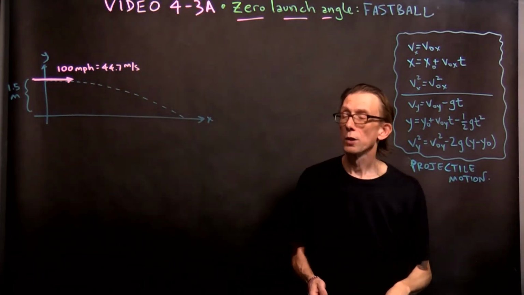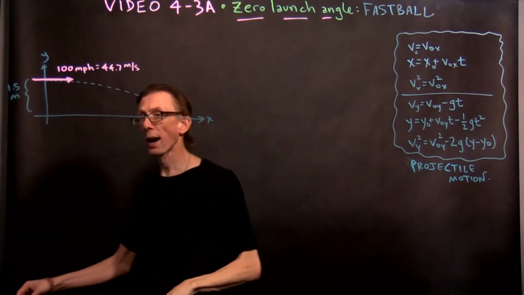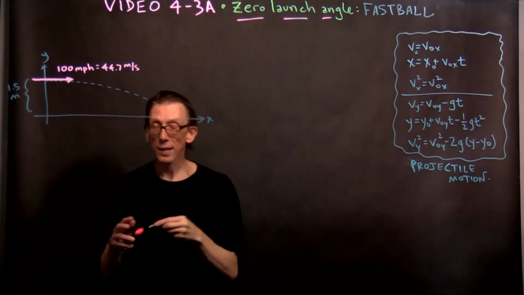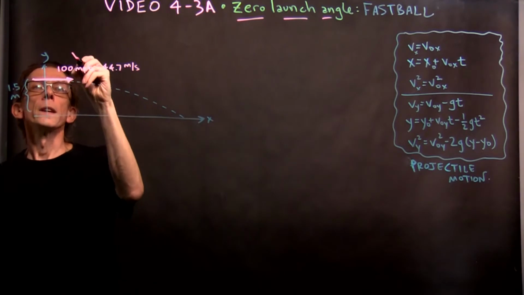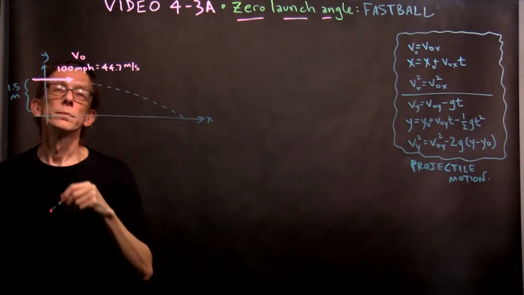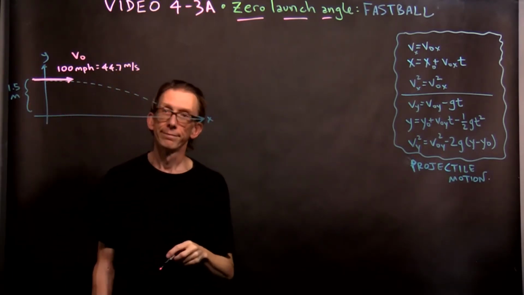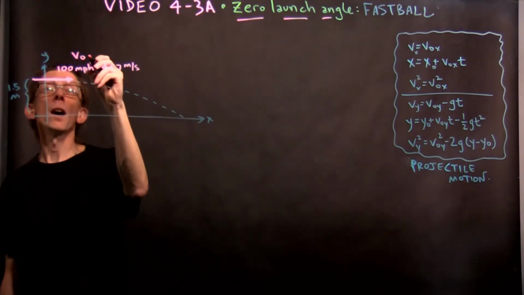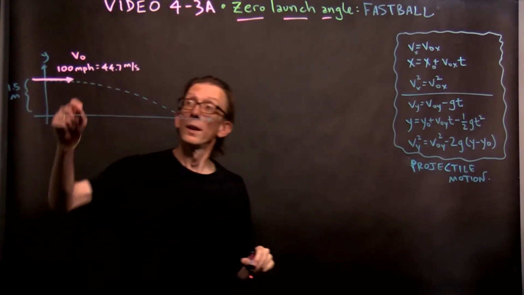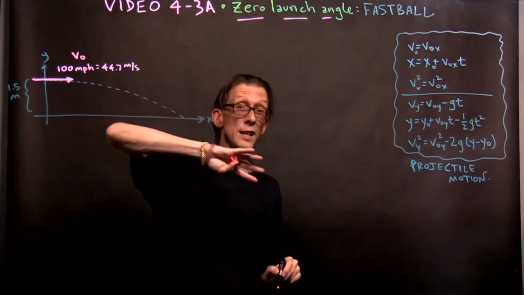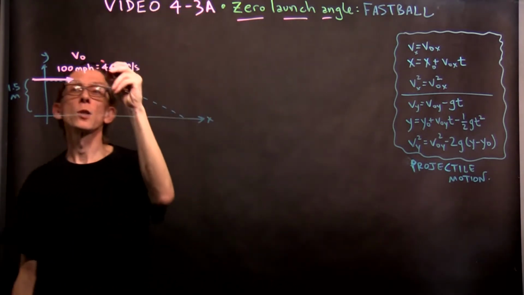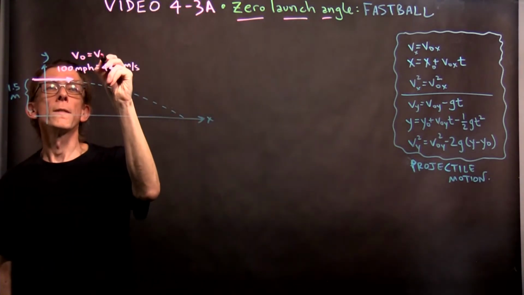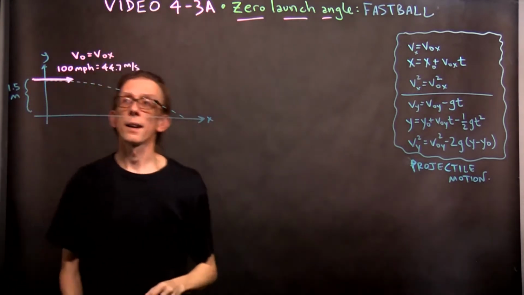So 100 mile per hour fastball to the right in the positive x direction. This is V naught. But notice there's no subscript on that. That's the initial velocity. It happens to all be, in this case, V naught x.